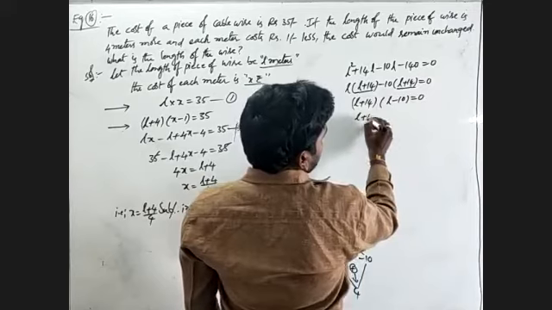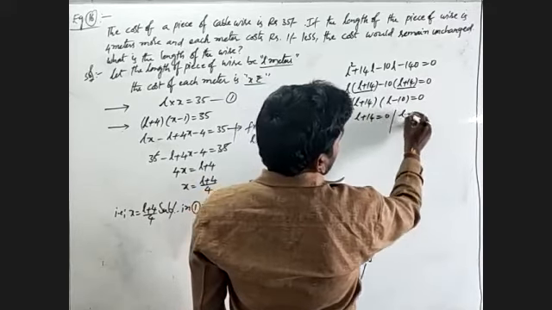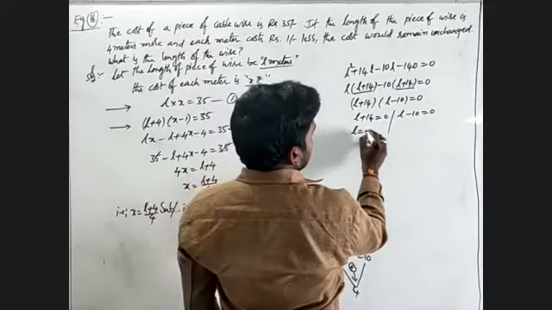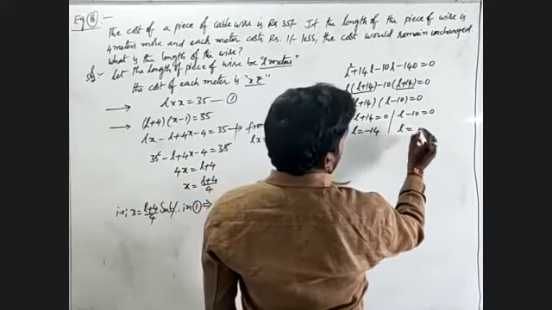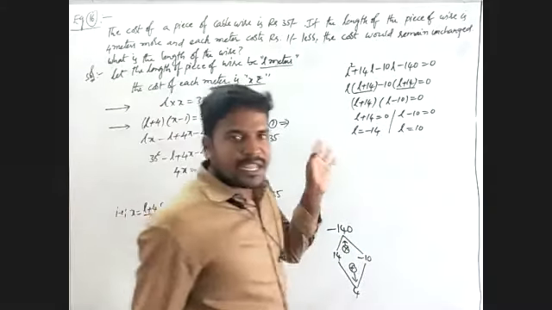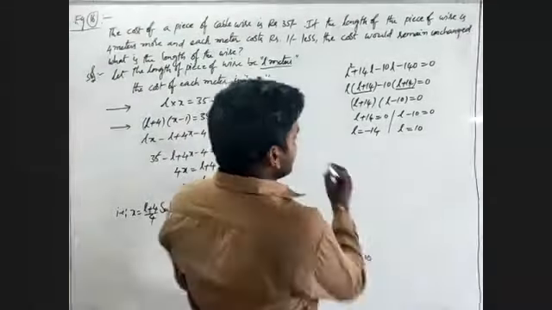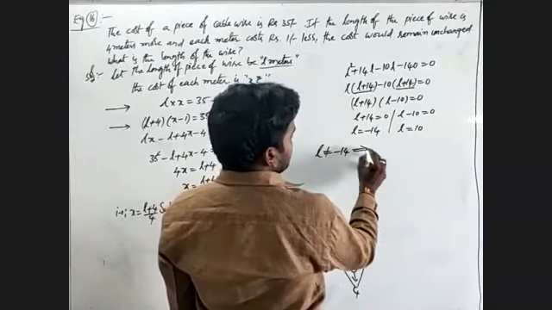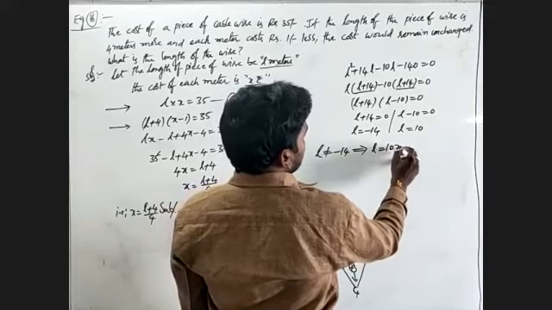L plus 14 is equal to 0 and L minus 10 is equal to 0. Here L is equal to minus 14, L is equal to 10. Observe, length cannot be negative, so L does not equal minus 14, which implies L is equal to 10 meters.